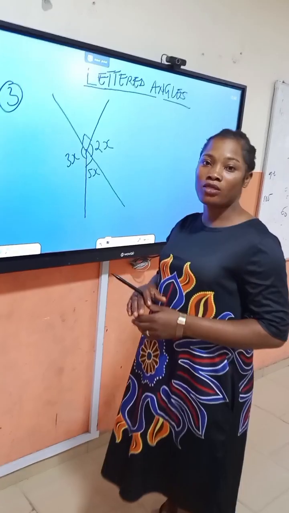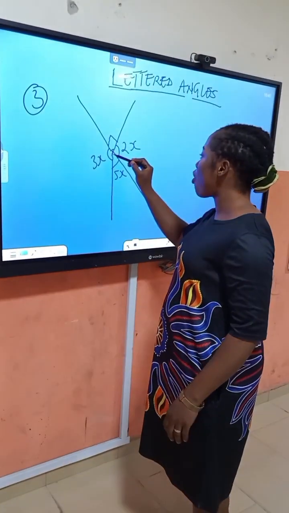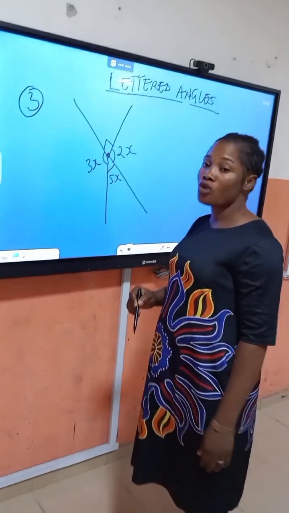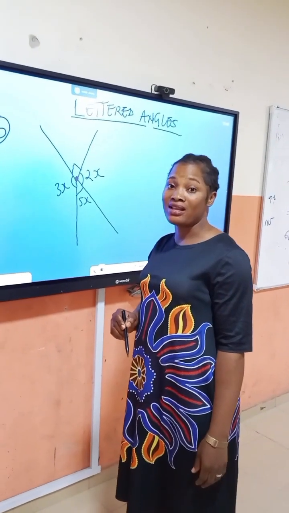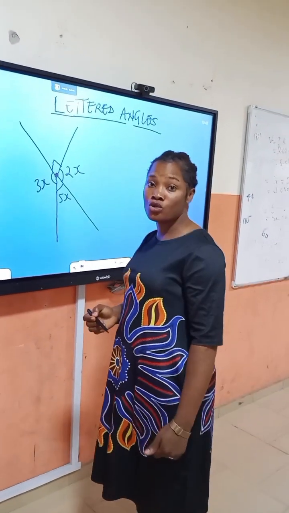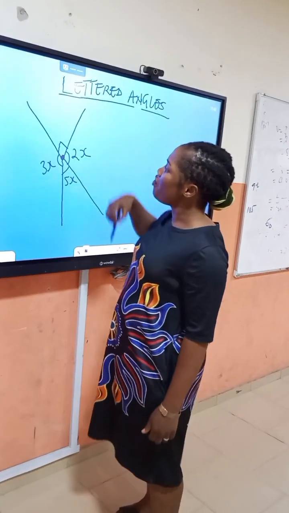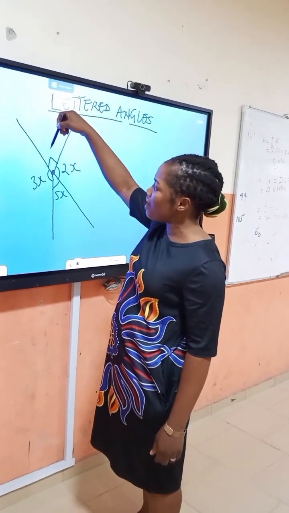Okay, let's go to number 3. Number 3 is angles at a point, which is also equal to 360 degrees. So let's do the same thing we have done for the other two questions. We're going to add all of this. Before you add, if you watch this, there is no value here.